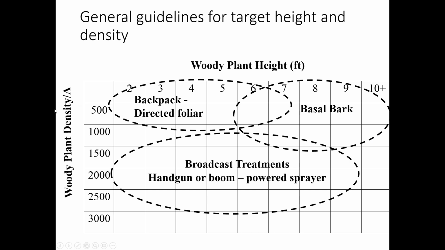Again, it shows you that we're in these things that are too tall for directed foliar, and we have stem density on the y-axis here, and we're in the range of being below, right around, 1,500 or so stems per acre. Now that specifically is in relation to a triclopyr application. So please don't take that and go apply it to another basal bark herbicide, because that was developed for triclopyr itself.